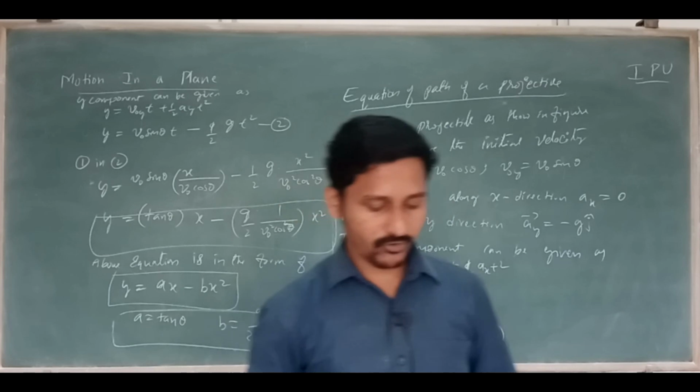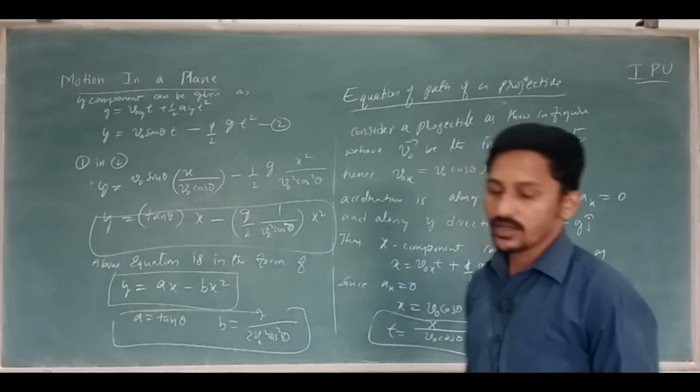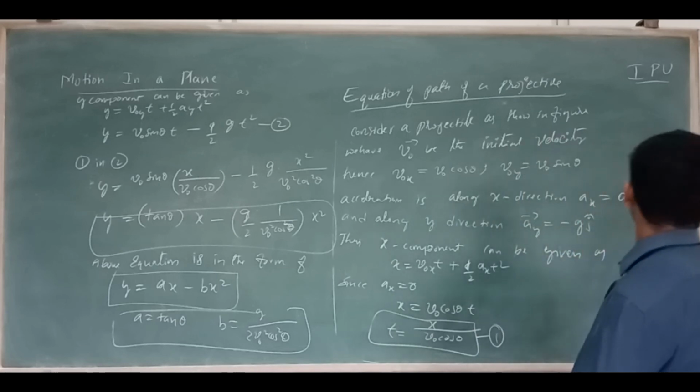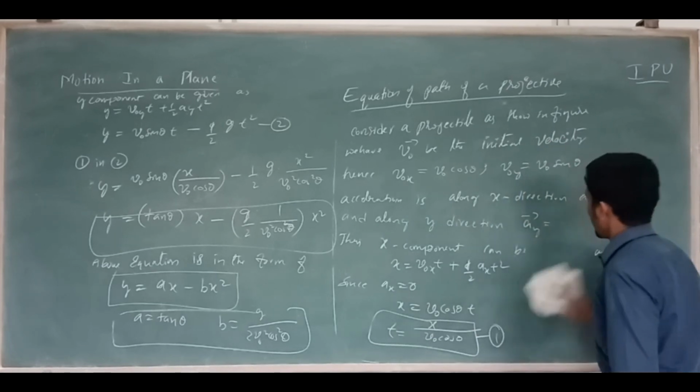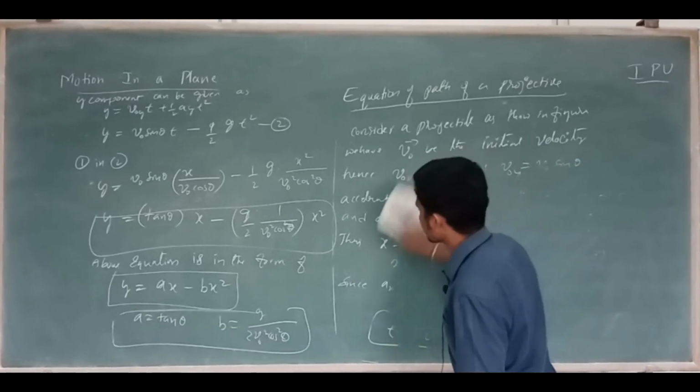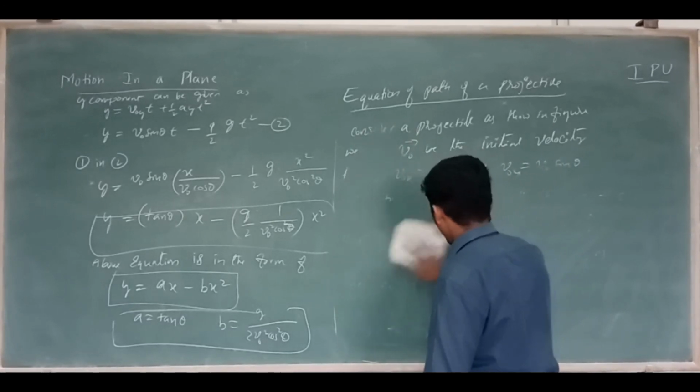So this is in the form of ax minus bx square, and now I am going to erase this. This equation represents what? Parabola.